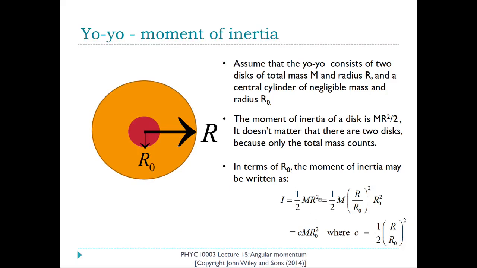The moment of inertia is equal to 1/2 mr squared, where m is the total mass of the system and r is the radius of the whole yo-yo. What we're going to do here is a little trick: we're going to multiply it by 1. You might remember we did a similar trick when we were deriving our kinematic equations, and we had to calculate the equation for velocity with respect to position instead of velocity with respect to time.